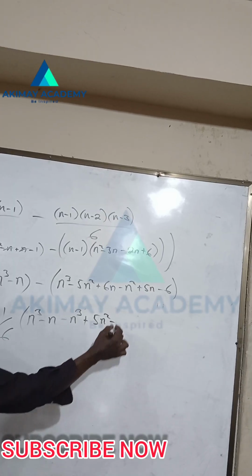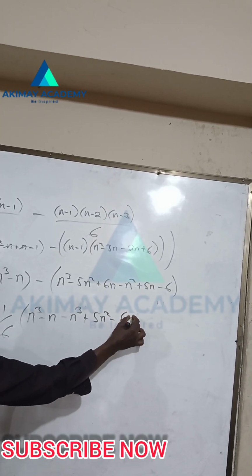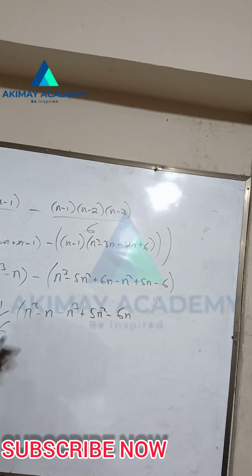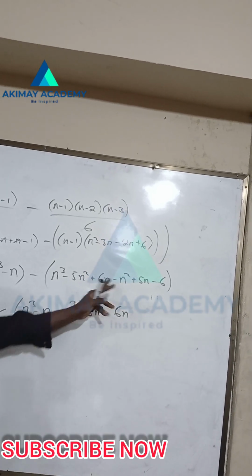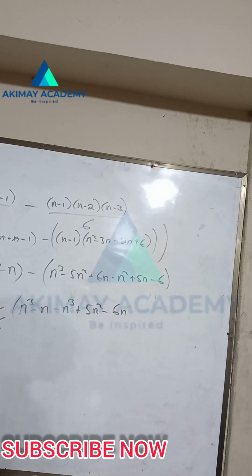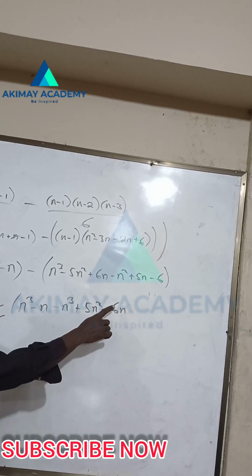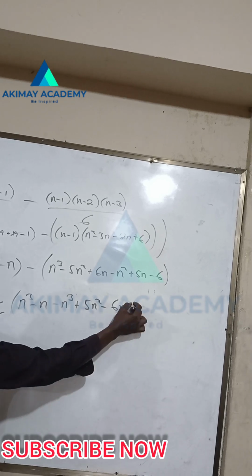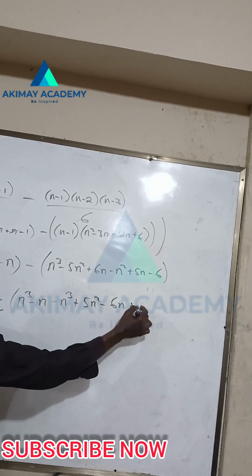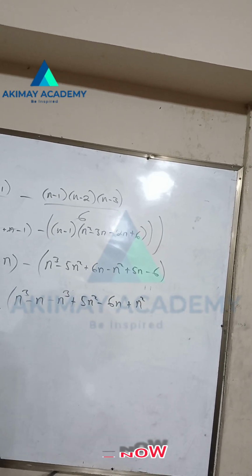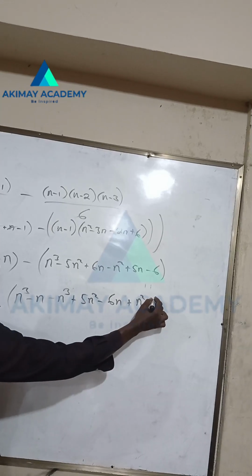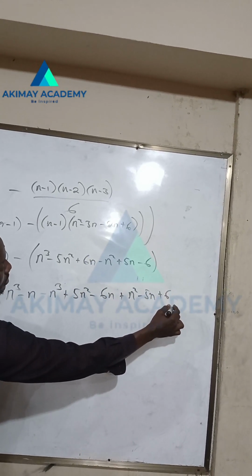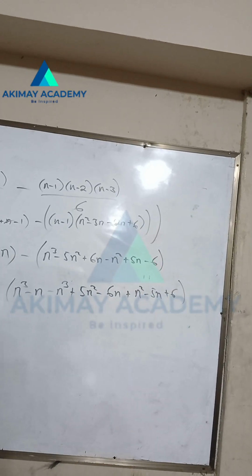Minus 6n. Here you can see that there are similarities that we can put together. So 6n, there we have plus n squared, minus 5n plus 6. That's what we have.